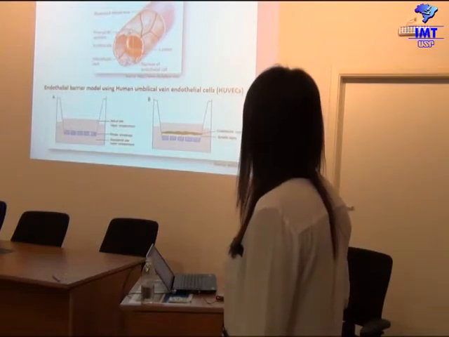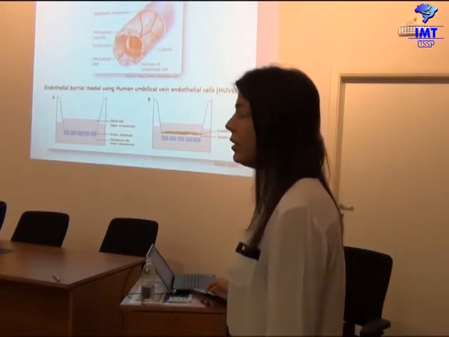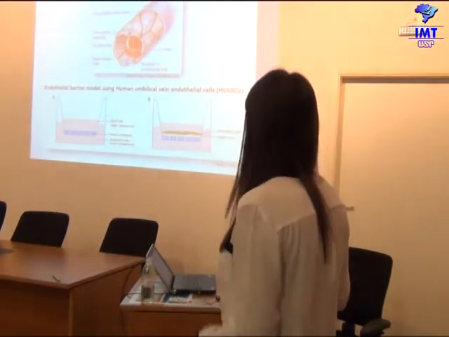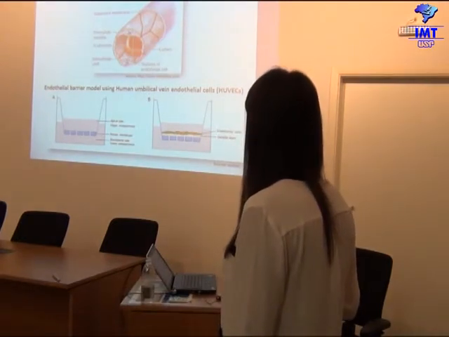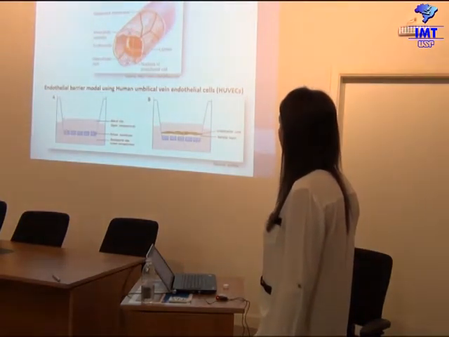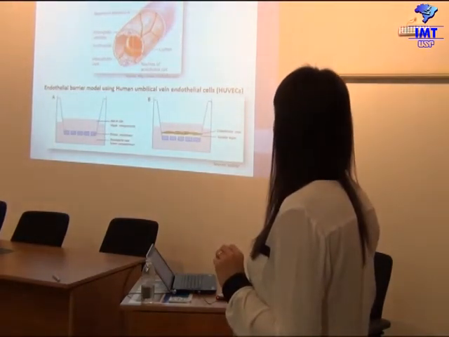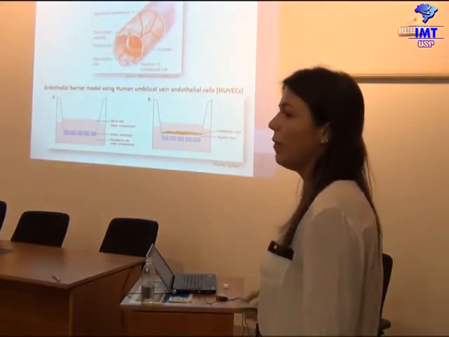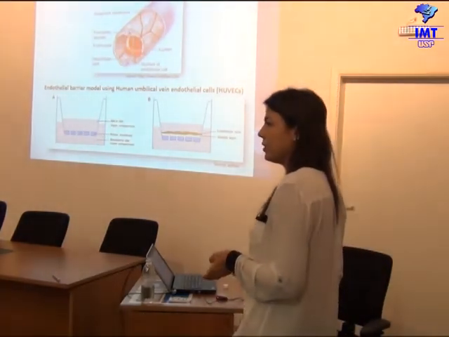These are commercial wells where we have an upper compartment and a lower compartment separated by a microporous membrane, and then putting a gelatin layer on this membrane and cultivating endothelial cells. We can mimic the endothelial layer of cells on the basement membrane, and by adding fluorescent compounds, for example, on the apical side, we can measure the transport of this molecule and then measure the vascular permeability in vitro.